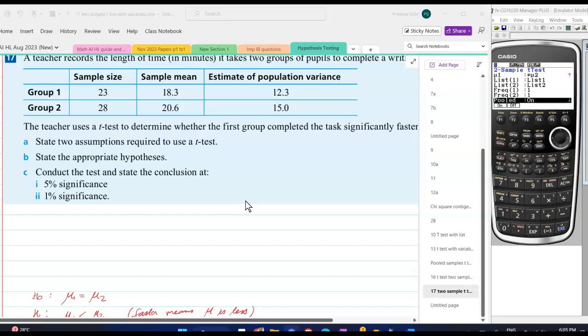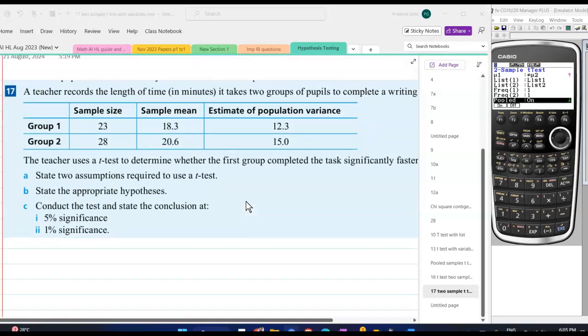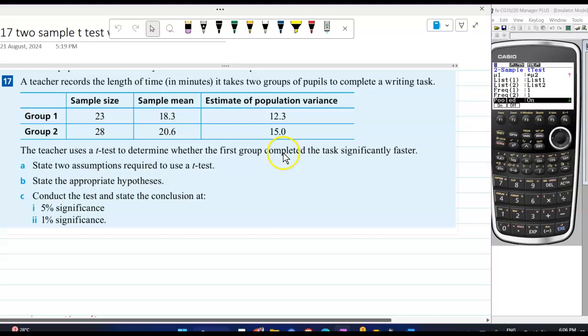Write it like this only. What's your alternative hypothesis? No, read the question: determine whether the first is significantly faster. Faster means the time will be less, so mu1 is less than mu2.